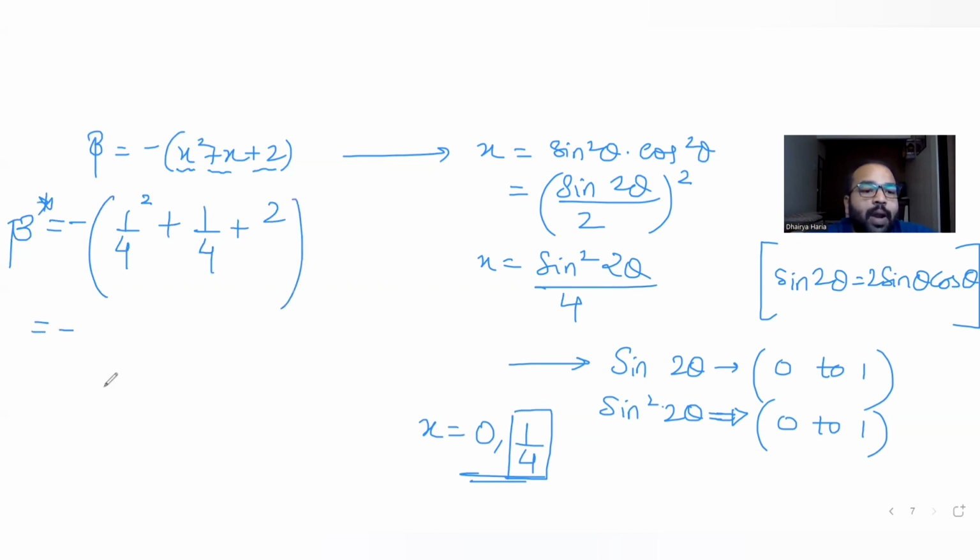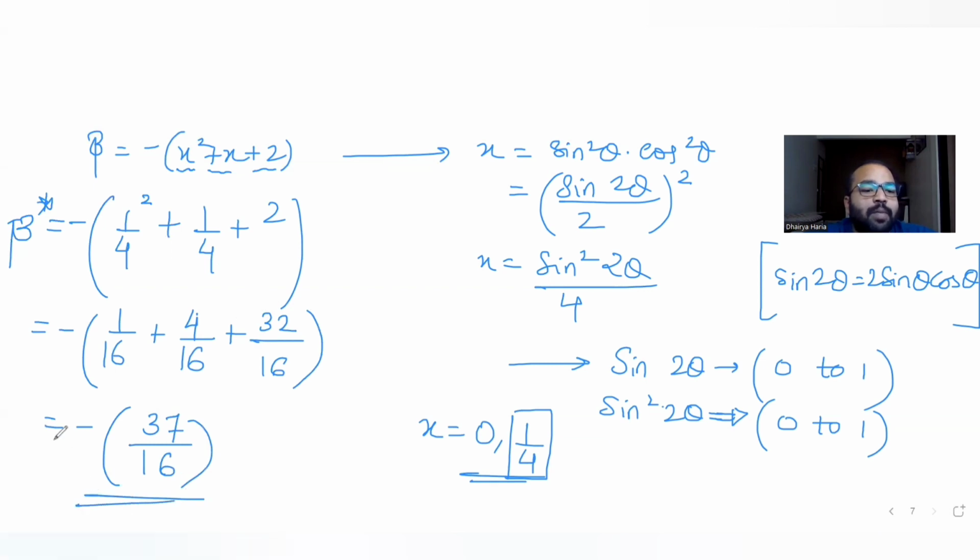So this gives me minus 1 by 16. 1 by 4, if I want to make this denominator also 16, I'll multiply by 4. And if I want to make this 2 with denominator 16, I'll multiply by 16 on both sides, so it becomes 32. So it gives me minus 1, plus 4, plus 32, 37 by 16.